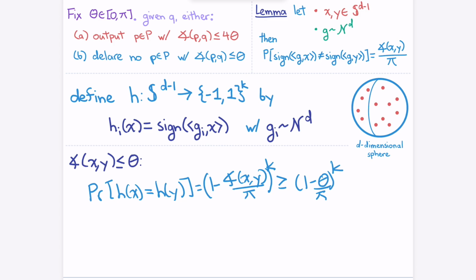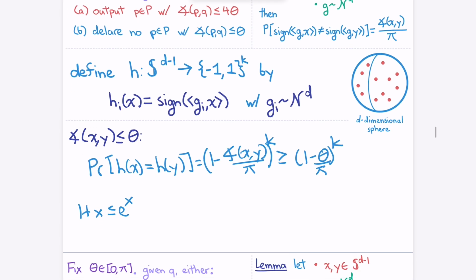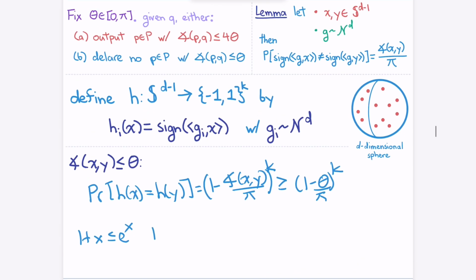The nice inequality, of course, is that 1 plus x is less than or equal to e to the x. Here we want the other direction, but as a general rule, it's going to be greater than or equal to e to the x minus some constant times x squared.